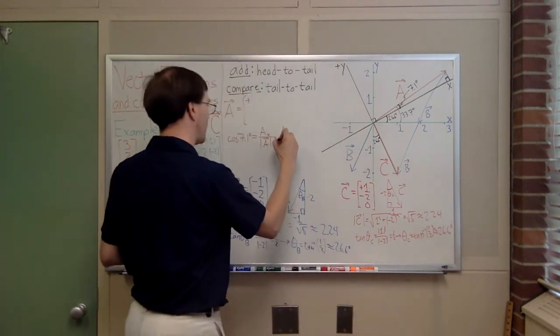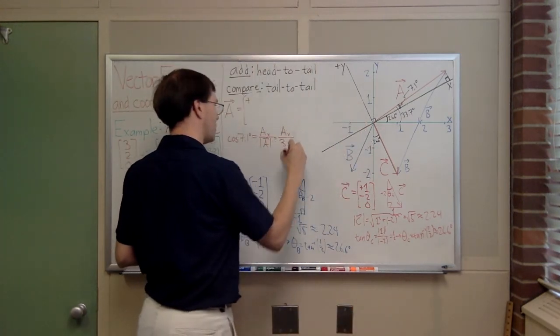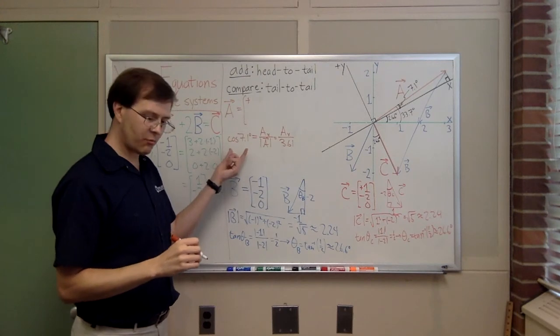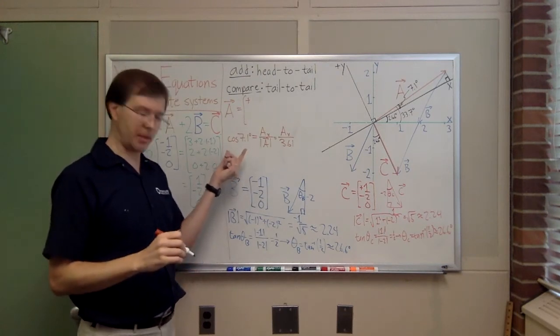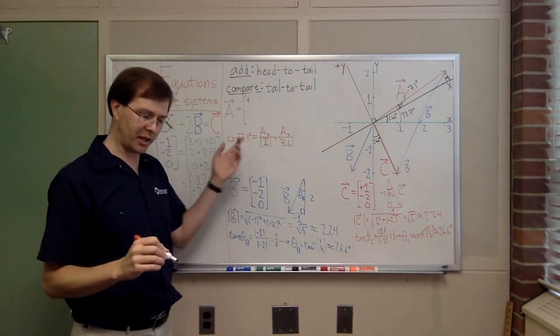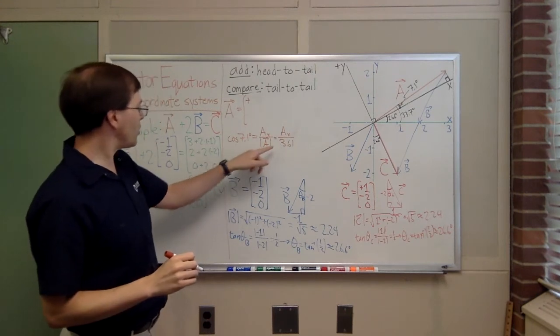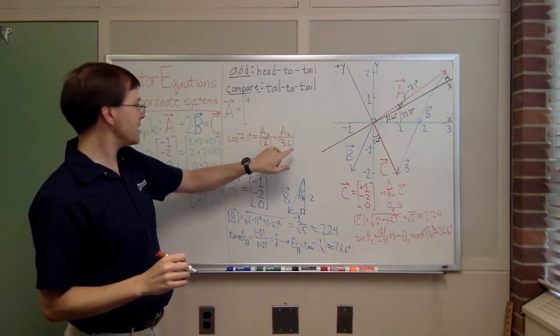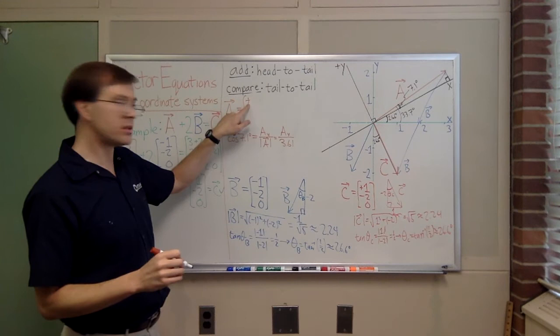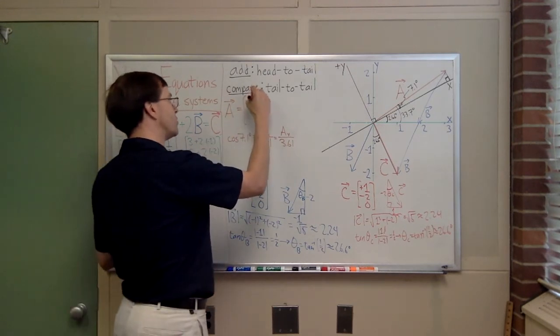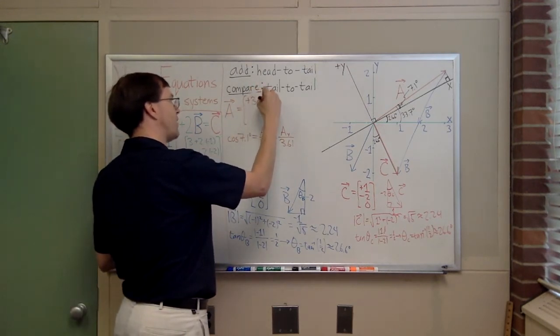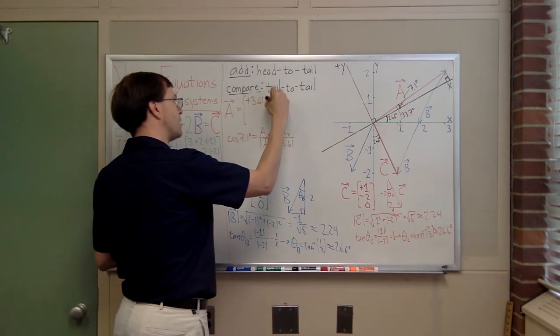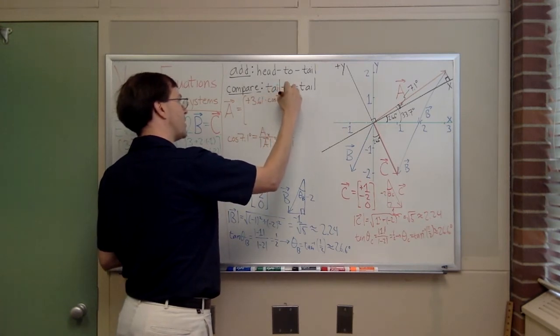Magnitude is 3.61. Cosine of 7.1 degrees is going to be a number I can look up somewhere. I don't know it off the top of my head, but I can plug it into something. So if I want to know what my x component is, it's going to be in the positive direction. It's going to be the magnitude, 3.61, the magnitude of A, times the cosine of 7.1 degrees.